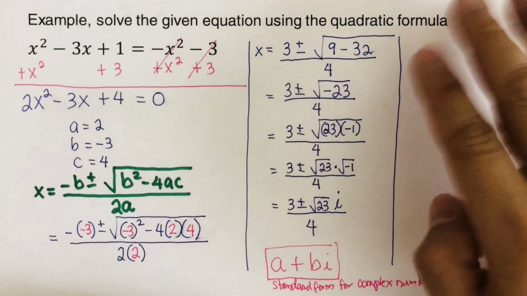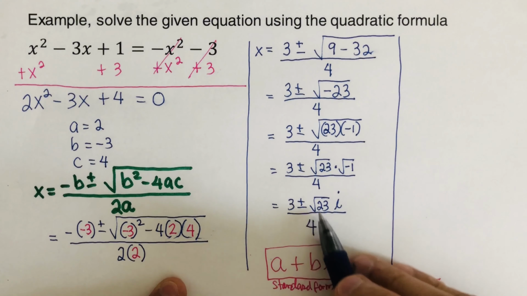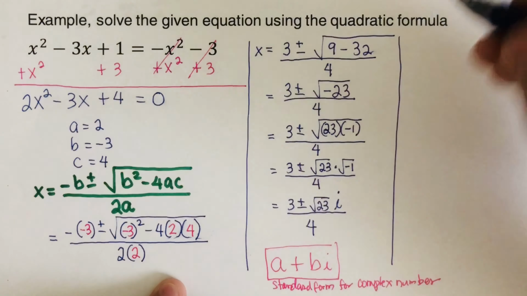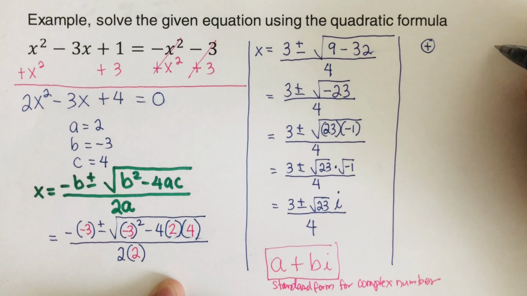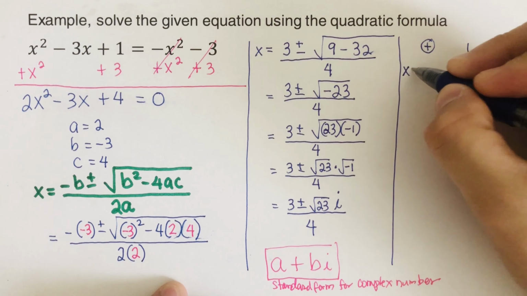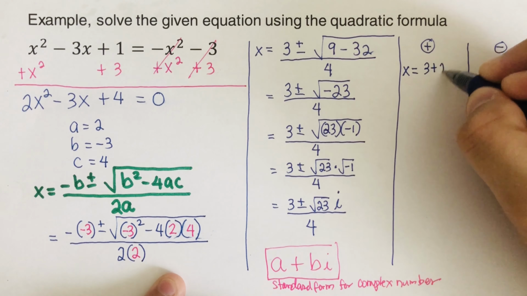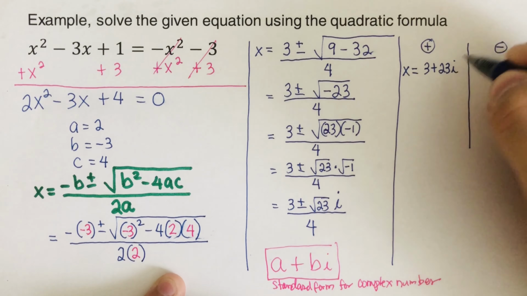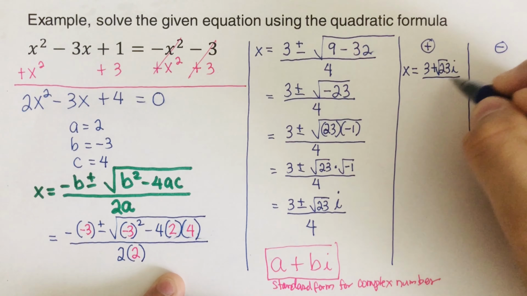So I will continue to show the work over here. So there are two answers that we can have here. The first one is the positive answer, the one with a plus, and then the other one the one with a negative. So let's simplify this. So the first x is 3 plus square root of 23i over 4.